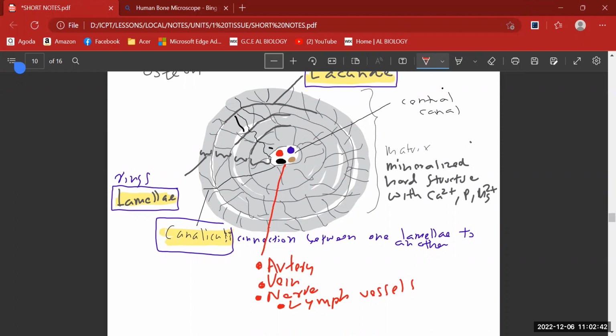In between these two rings, the space is lacunae. And there's a huge network called canaliculi, which drains to the central canal, which has artery, vein, nerves, and lymph vessels.